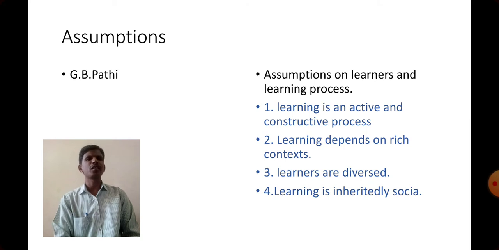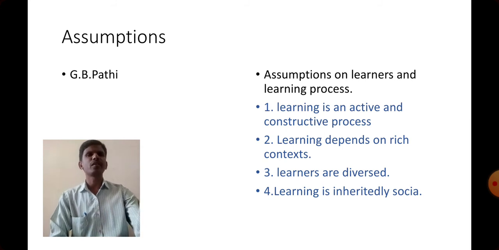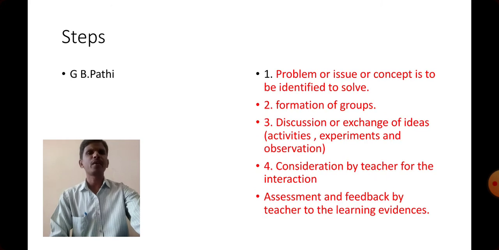Learners are diverse. The last one is that learning is inevitably social. Learning takes place with interactions, discussions and debates. So we can say learning is inevitably a social activity. These are some assumptions about the learning process and the learners of the collaborative learning approach.